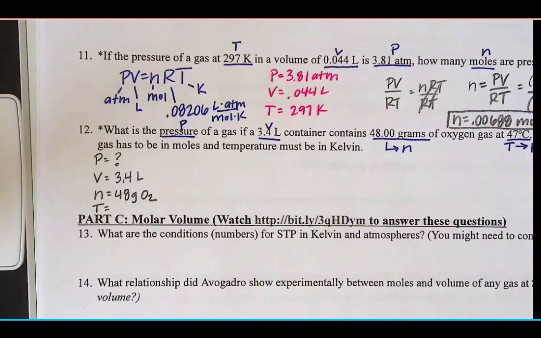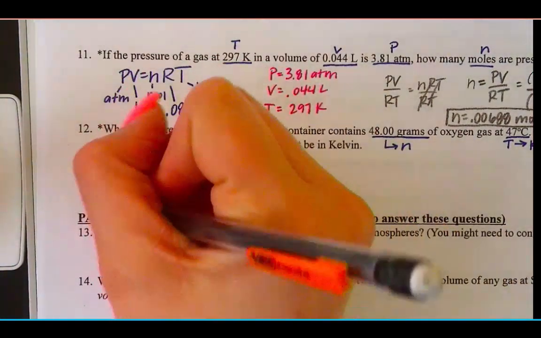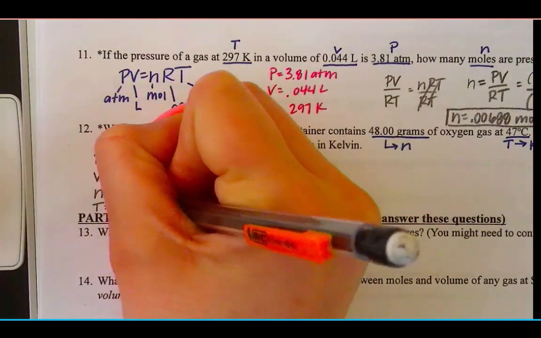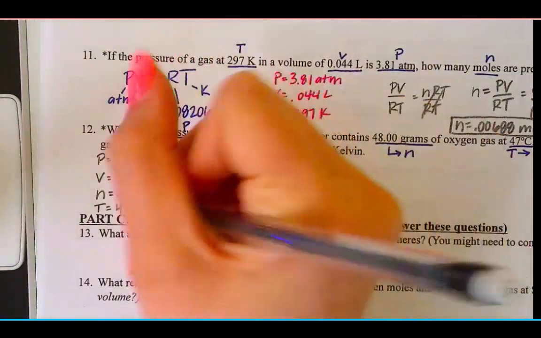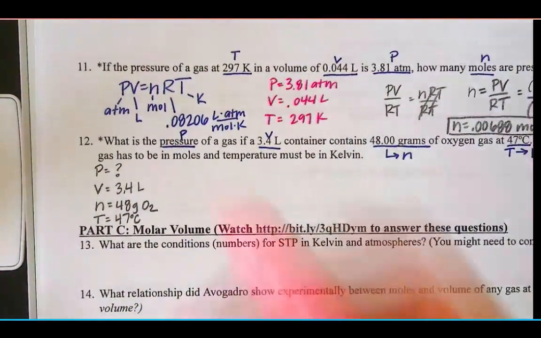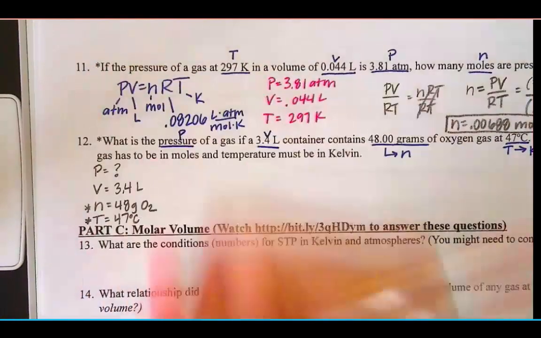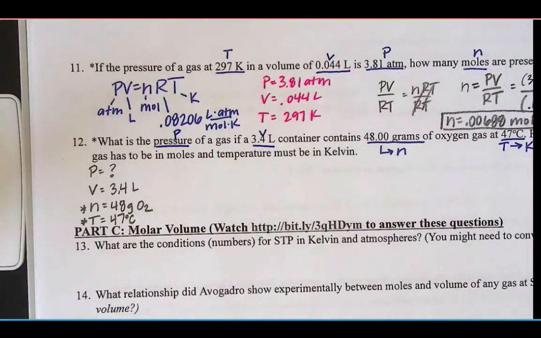So we will use that to get to moles, and then temperature is 47 degrees Celsius. I know I'm going to have to convert that as well. So I'm going to put stars next to N and T because I need to convert those. Pressure I'm solving for, volume is in liters already, N and T are going to have to be converted.